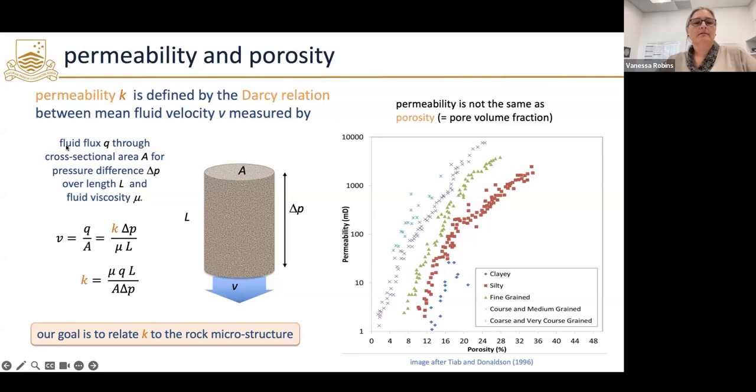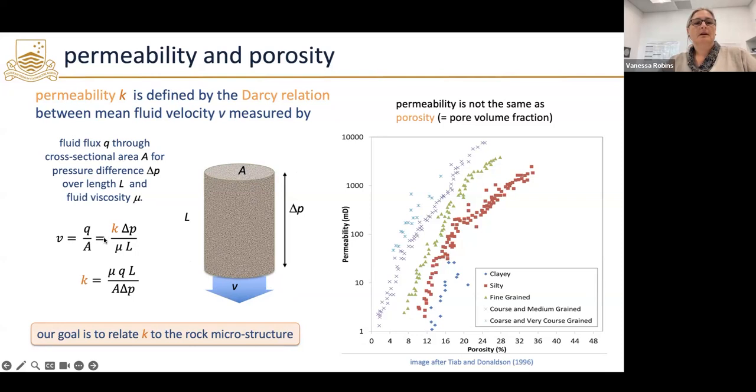So the key things people measure are the flux, which is always represented by a Q. Flux is how much material is coming out per unit of time. The area is just the cross-sectional area of my sample, and the length is the distance through the sample. And then we're maintaining a pressure difference across that sample.